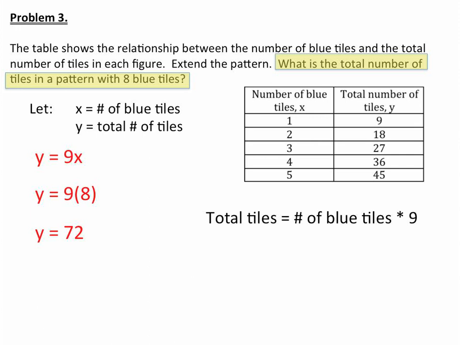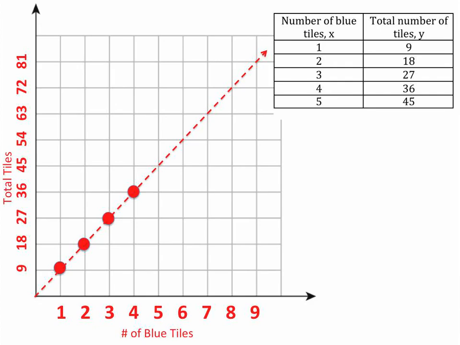All right. Now, if we look at our picture, this is our beautiful picture that we made before. We wanted to know when there were 8 blue tiles. So if I just go down here to 8 blue tiles, and then I go up and I see where I hit my line, well, I hit my line right here. Okay? So that point, 8 blue tiles, and if I look over to the left, I can see that that hits at 72.